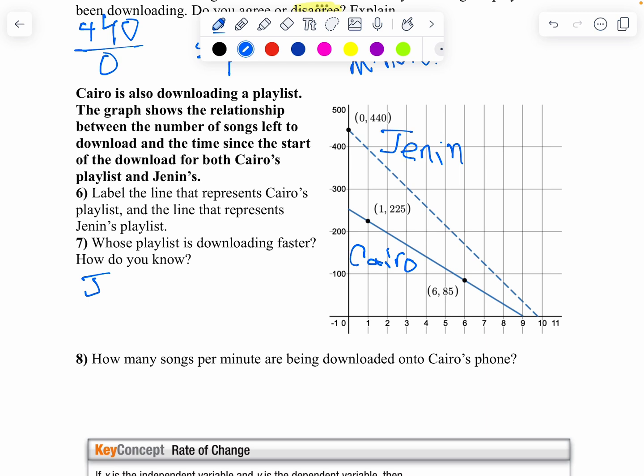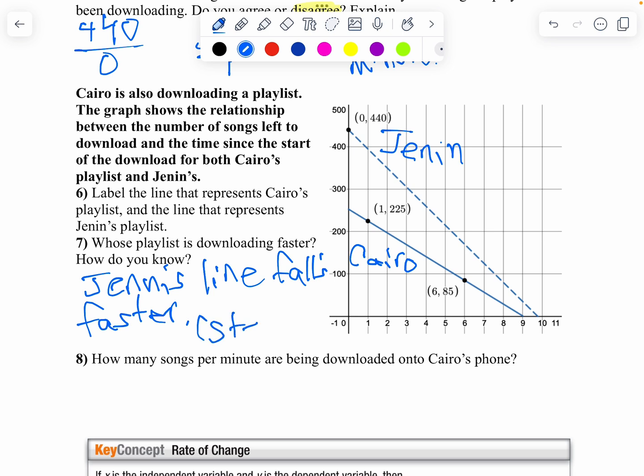Just by looking at the graph, her line falls faster. Whereas Cairo's line is less steep, isn't it? When I say falls faster, I'm talking about the steepness.